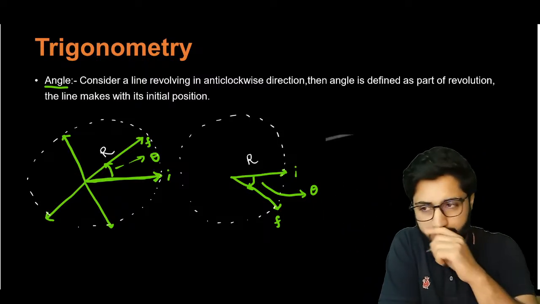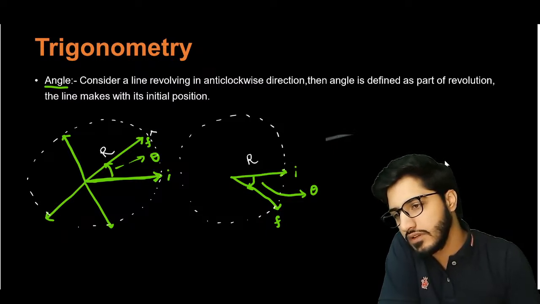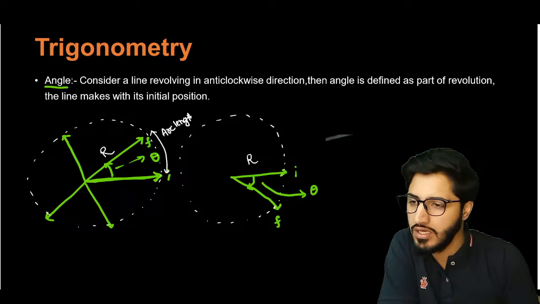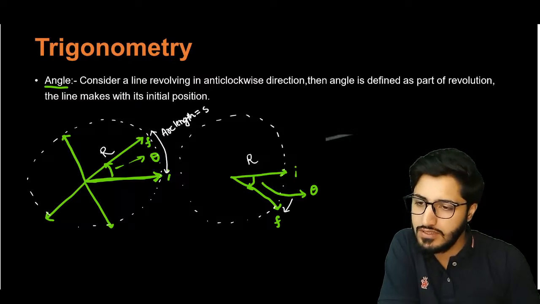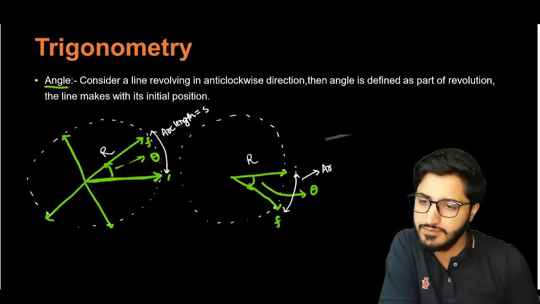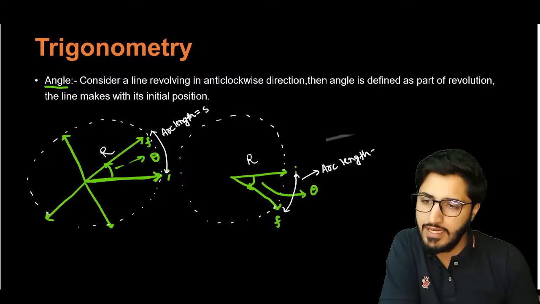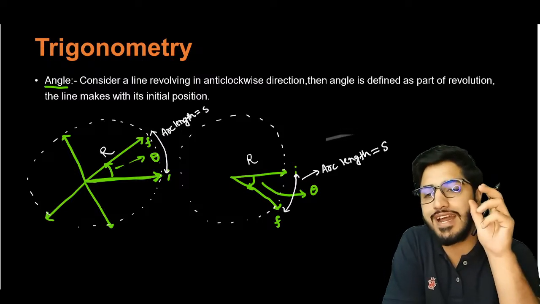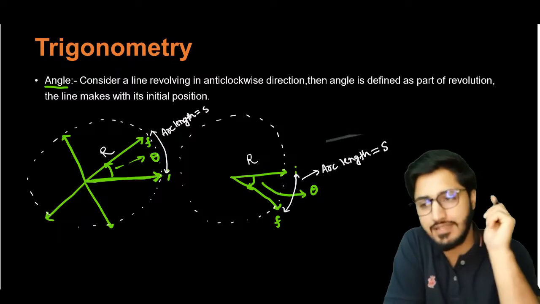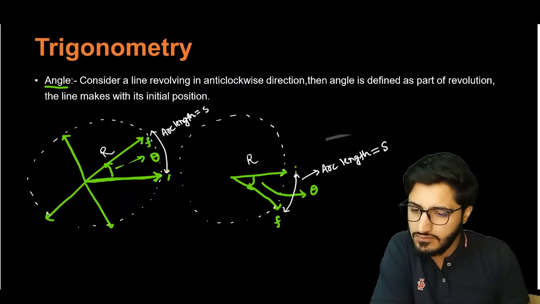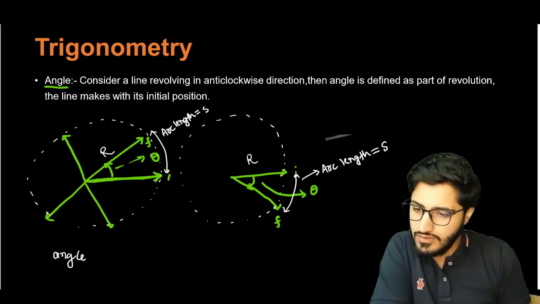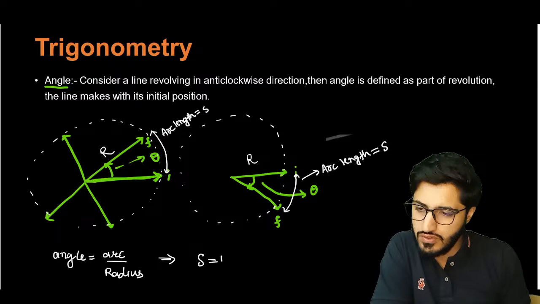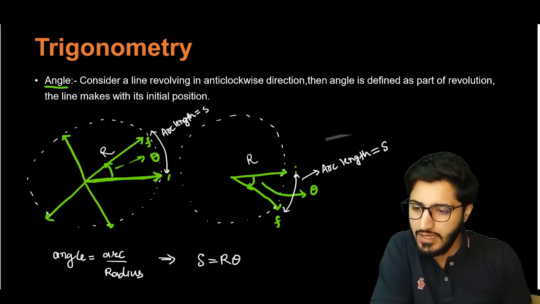Okay, now this gap is known as arc length, denoted by letter S. Also, this side is known as arc length, denoted by letter S. Now we have a formula that relates this arc length, radius, and this angle, and that formula is angle is equal to arc by radius, or we can write that S is equal to r theta.